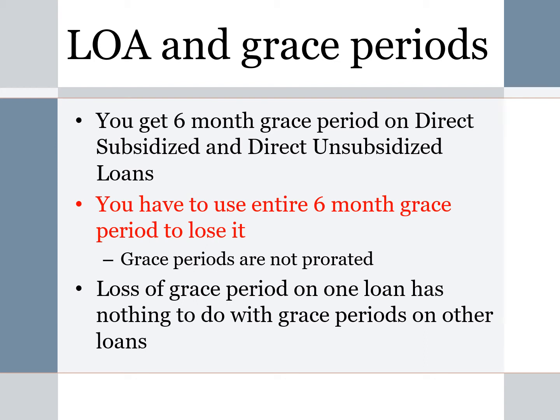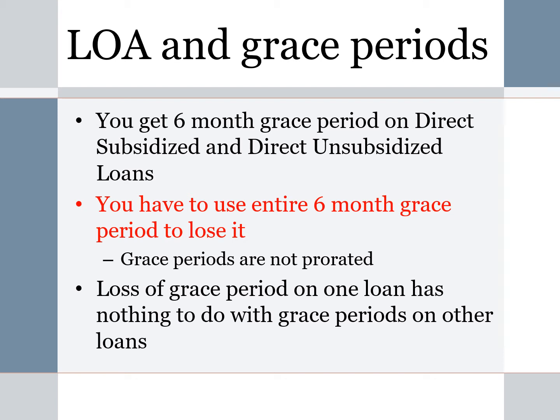So, simple example, if you graduated from college in May and you had some undergraduate direct subsidized, perhaps direct unsubsidized loans, you took the summer off and then you matriculated perhaps in graduate school in the fall, you may have used 2 or 3 months of your grace period, but you didn't use the entire grace period, so you get the whole grace period back.